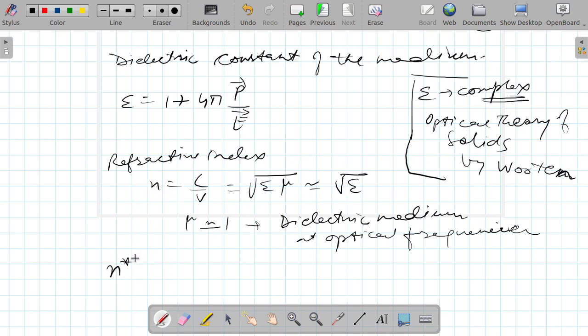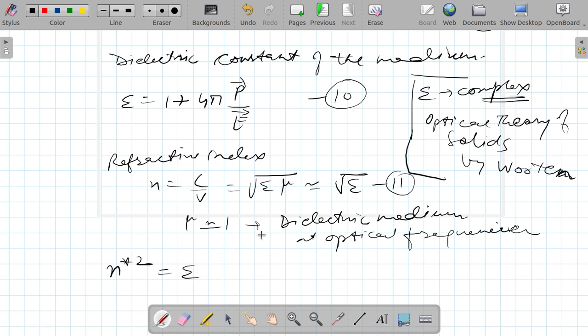So for that I will express it as n star square equal to epsilon, using equation number 11.